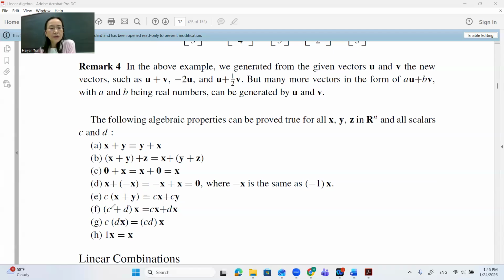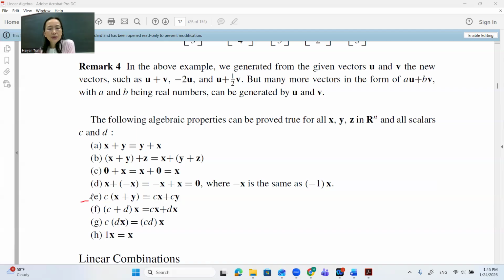And if you have the sum of two numbers times x, that will be the same as each number times x, and then you do the sum. So it's also a distribution of the two numbers onto x.